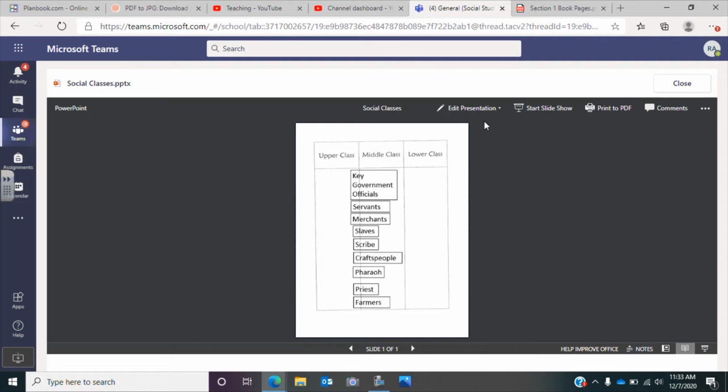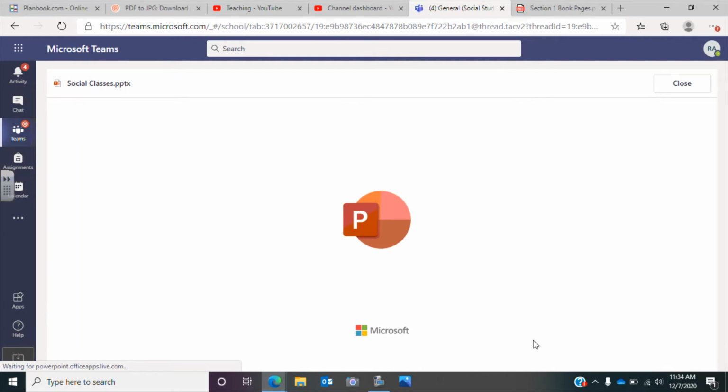So Edit Presentation, Edit in Browser, and then again, I always like to zoom, but you might not want to zoom on this one because we'll be sorting some items here. It's up to you either way, though.